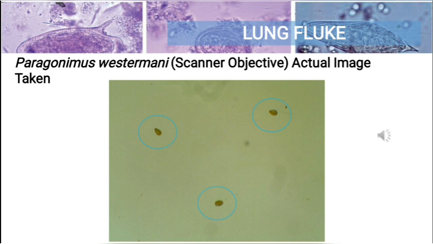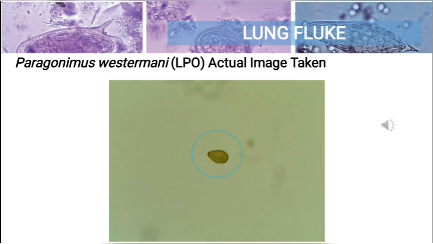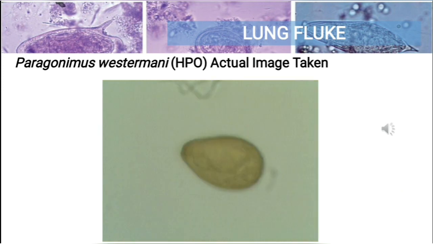This is an actual image of a prepared slide of our Paragonimus westermani under the scanner objective. And this is how it looks under the low power objective. This is how it looks under the high power objective.